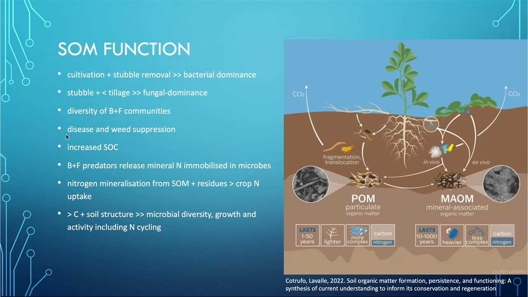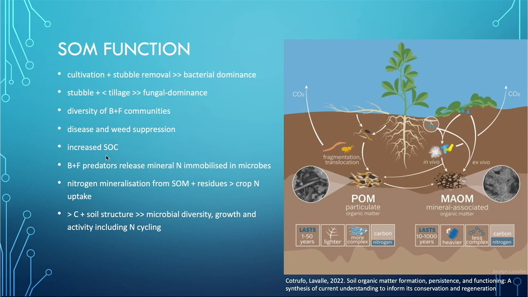This also drives disease and weed suppression, so that fungal to bacterial biomass ratio really drives whether disease and weeds are present. So this is something we can manage, and we can increase soil organic carbon by having practices where our cultivation is reduced and our stubble retention occurs.